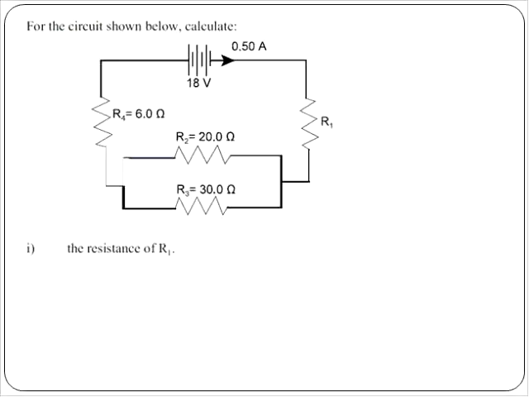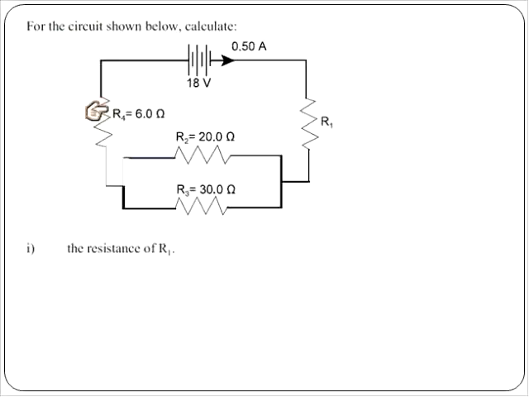If they're already numbered, you have to use the numbers that are there. What I generally do is start with current leaving the battery, and the first resistor it comes to is R1. The next ones are R2 and R3, and the last one is R4. So what we've got here is a series resistor first, then 2 parallel resistors, and then another series resistor. And in this one, we're trying to find the resistance of R1.